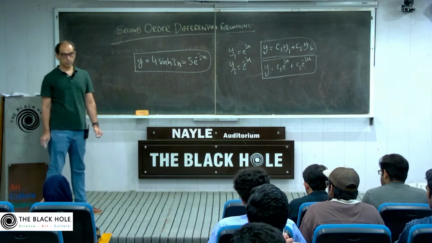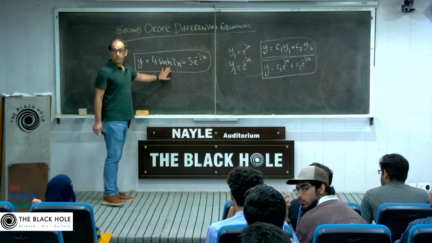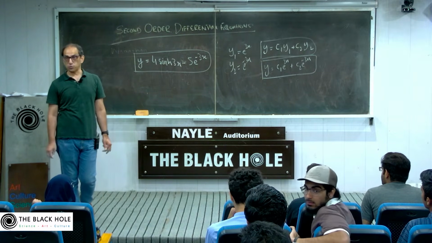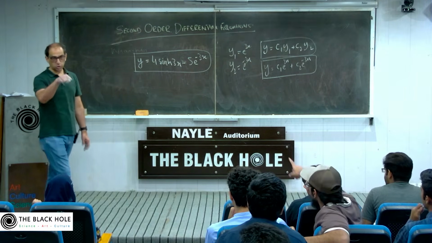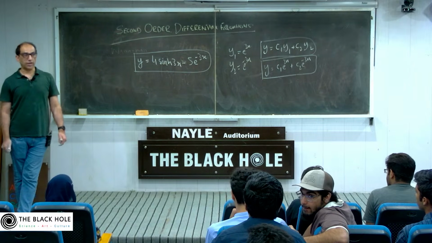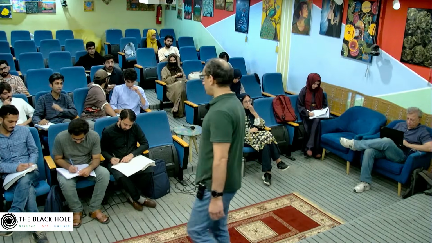Go ahead. The hint is, try and open this sine hyperbolic 3x: it is e raised to power 3x minus e raised to power minus 3x over 2. So use that and try and find out. C1 is equal to 2 and C2 is equal to, now try it yourself, those of you who have not done it.